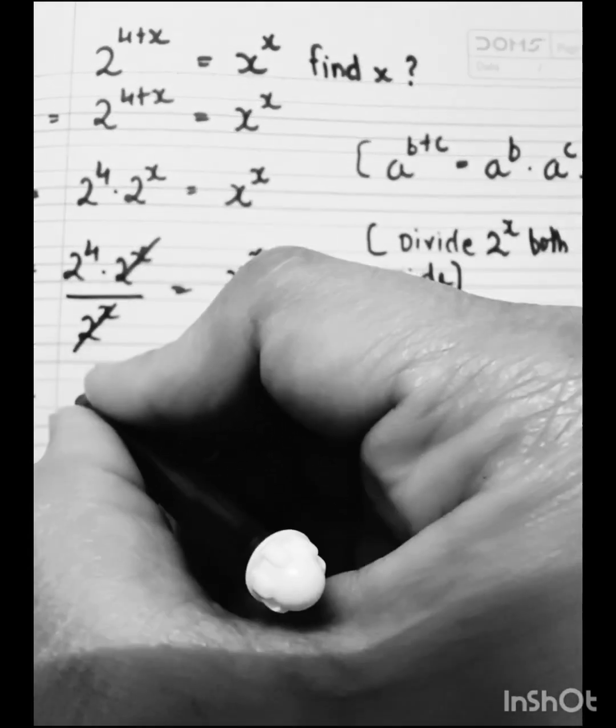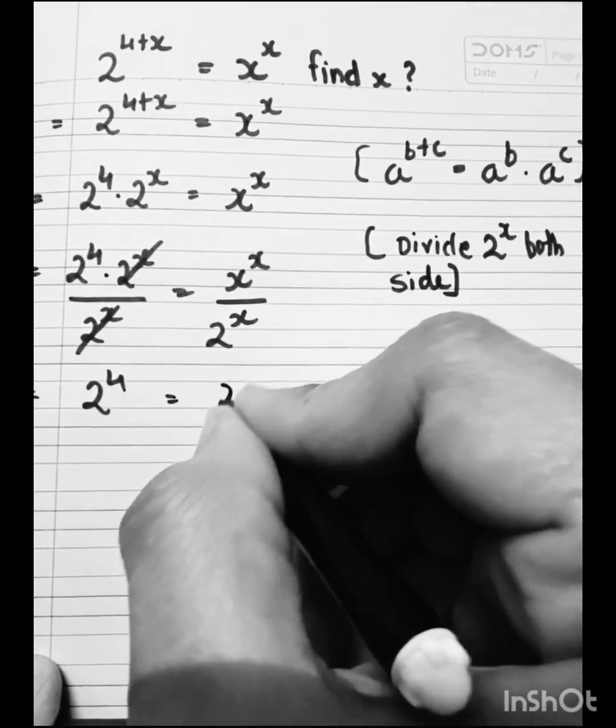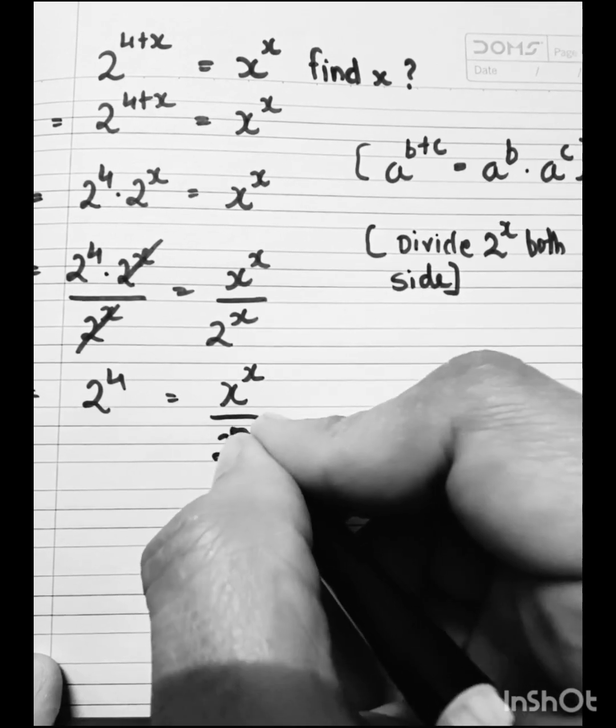Now 2 to the power of 4 equals x to the power of x upon 2 to the power of x.